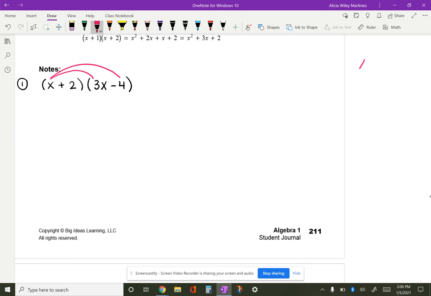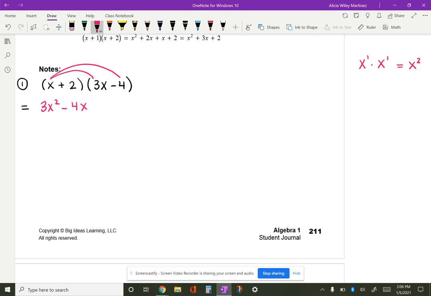Remember that if you have x times x, that basically means that you have x to the first times x to the first. If you have same base, what do you do with your exponents? You add them. Okay, so x times 3x is going to give me 3x squared. Okay, and then x times -4 is going to give me -4x.